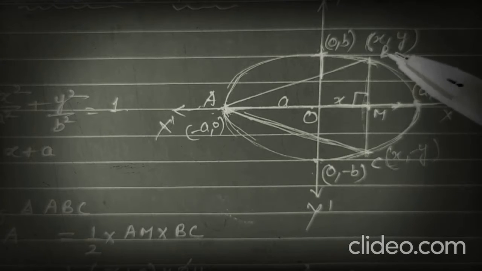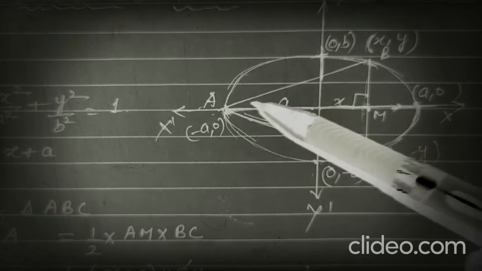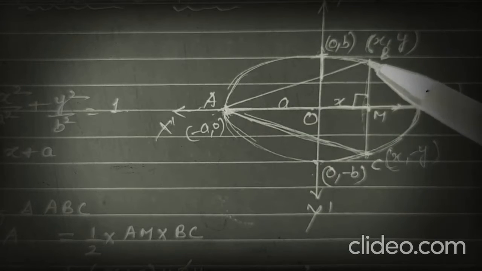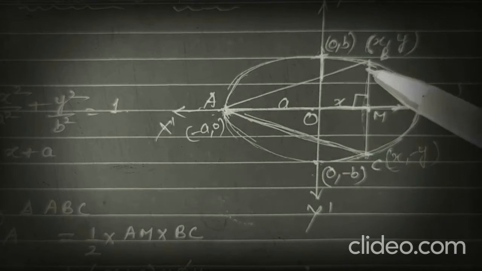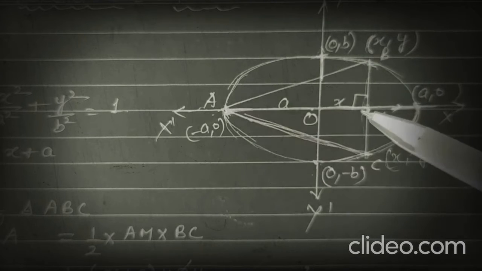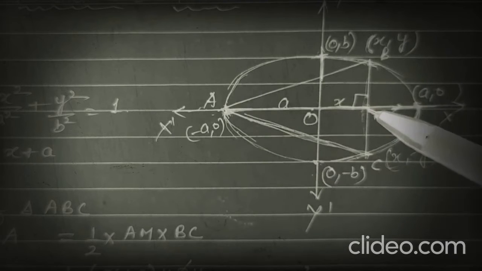But here we can use half into base into height also. Base is this, height is this, because this is perpendicular to this, as this is the x-axis and this is the y-axis. So same here, this is perpendicular to this. So what is the base here? BC is the base and height is AM. So what is the area of the triangle? Half into BC into AM.